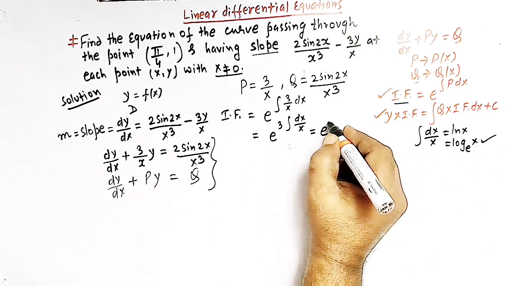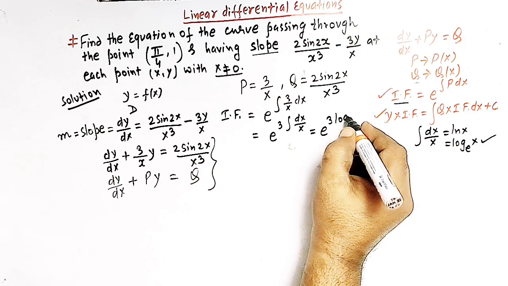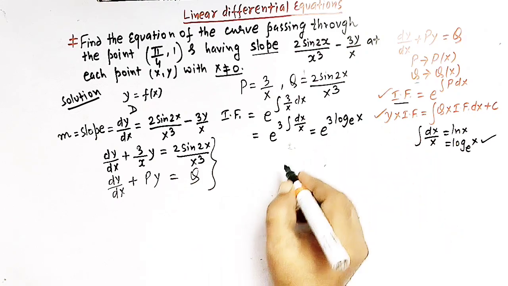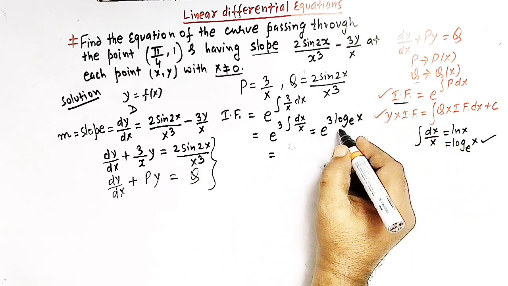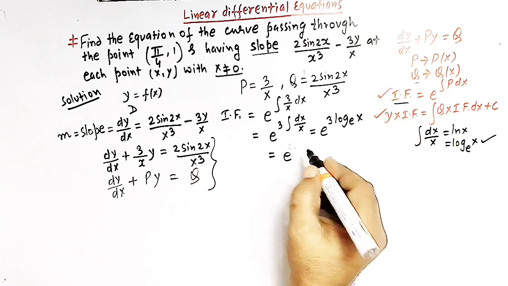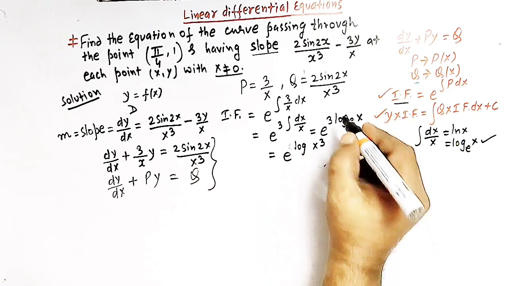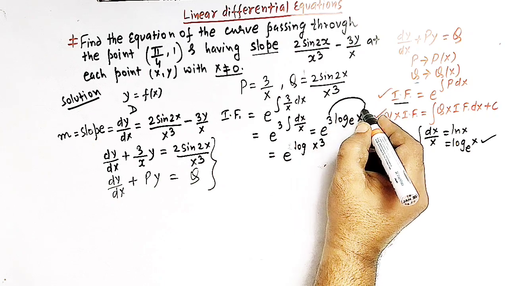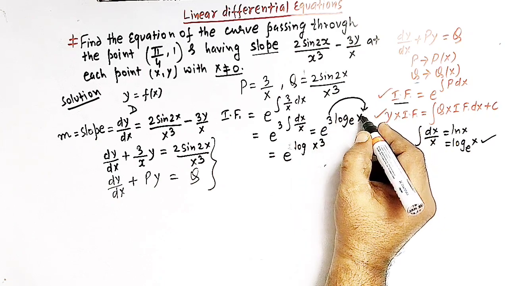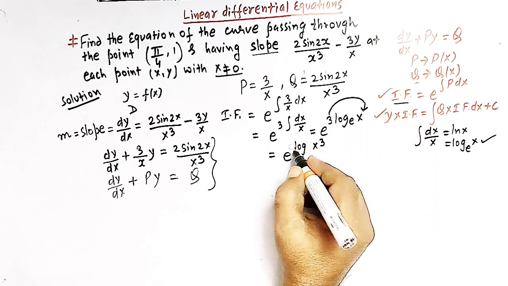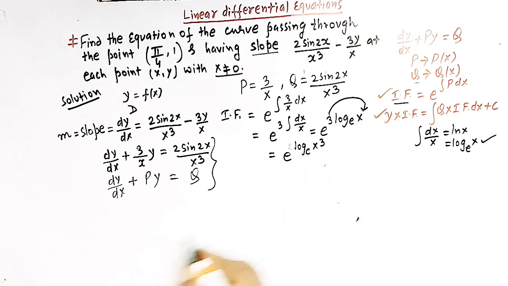So here we have e raised to 3 times log of x, right? So from the properties of logarithms, we can write e raised to log, and here we can write x cubed, taking this 3 to the power of x, or the exponent of x, and here we have the base e, right?